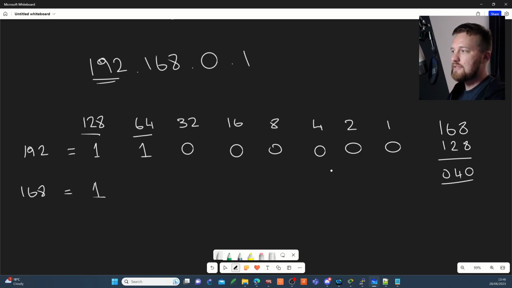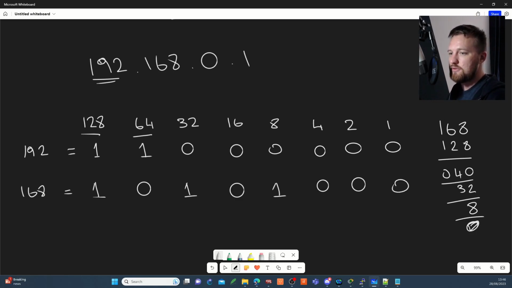Can I subtract 64 from 40 without going into negatives? No, I can't. Can I subtract 32 from 40? Yes, I can. So let's subtract our 32. That's going to leave me with 8. Can I subtract 16 from 8? No. Can I subtract 8 from 8? Yes. And no for the rest because we're now at 0, because 8 subtract 8 equals 0.